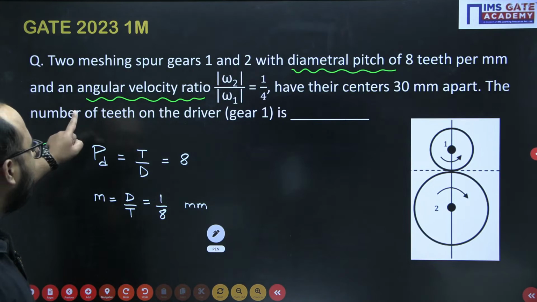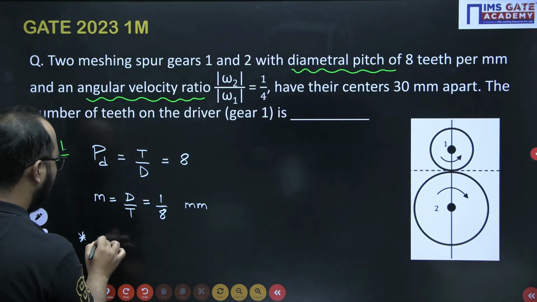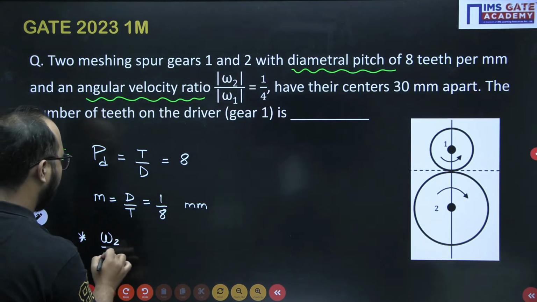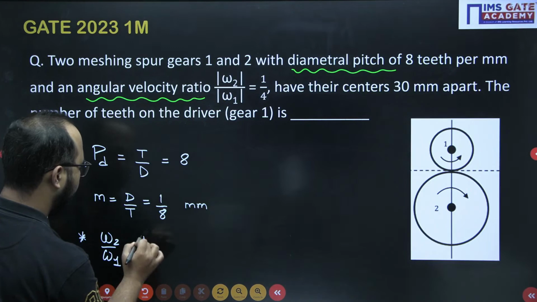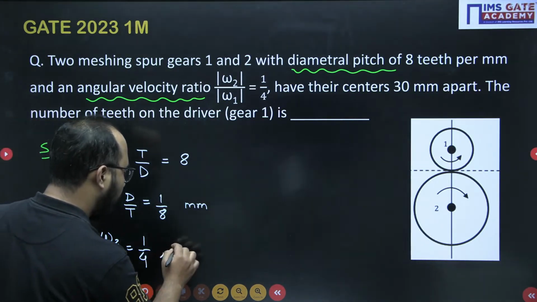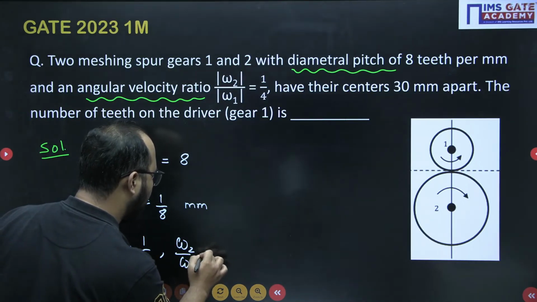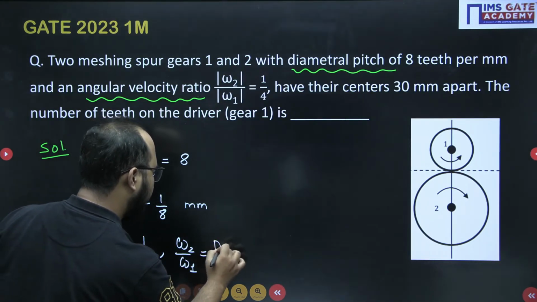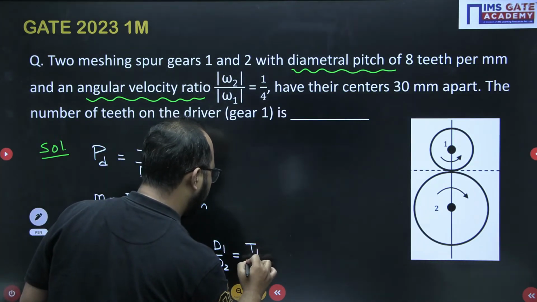The angular velocity ratio, the next thing they have mentioned, omega 2 by omega 1 as 1 by 4. Now, omega 2 by omega 1 can also be written, from the law of gearing, as d1 by d2, and d1 by d2 can be written as T1 by T2.